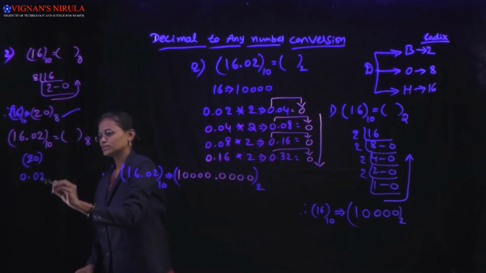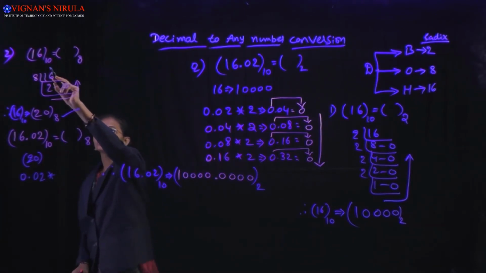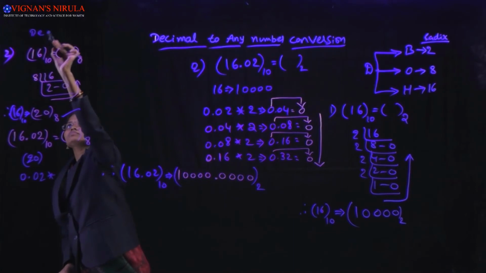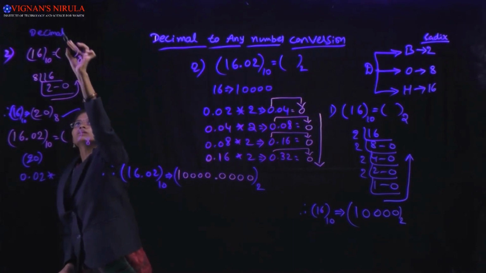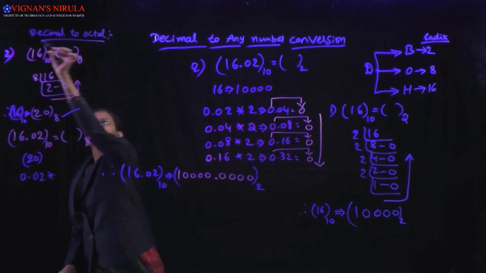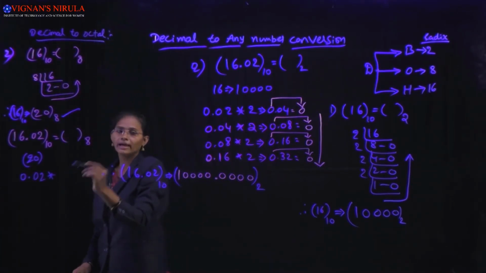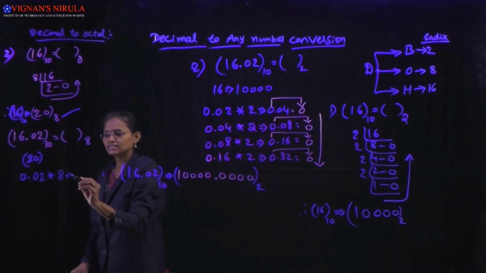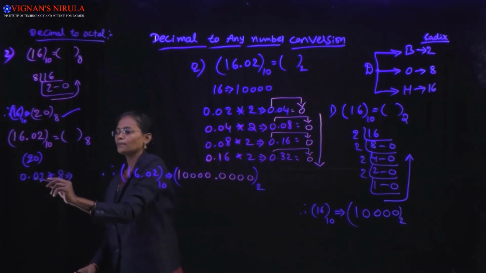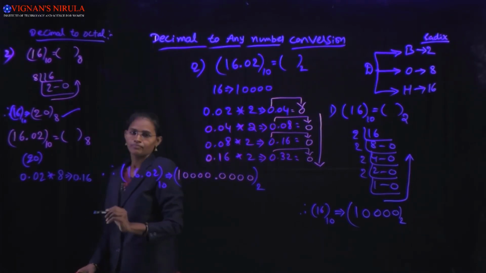So write down 0.02 and multiply with 8, because the conversion is decimal to octal. That is 0.02 into 8, that is 0.16.